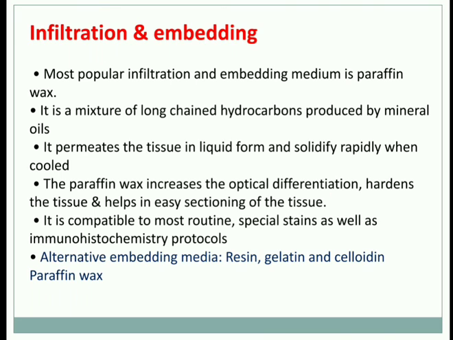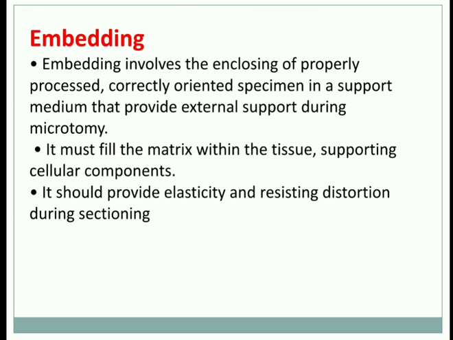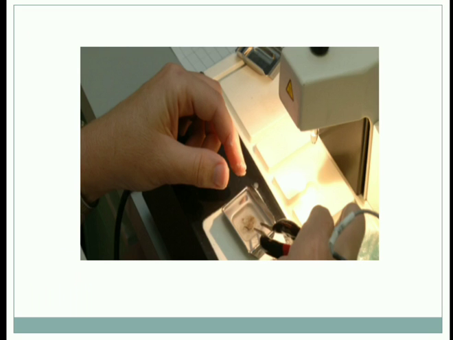Some other embedding media are resin, gelatin, and celloidin. Embedding involves enclosing the properly processed, correctly oriented specimen in a support medium that provides external support during microtomy. It should provide elasticity and resist distortion during sectioning. This is how embedding is done.